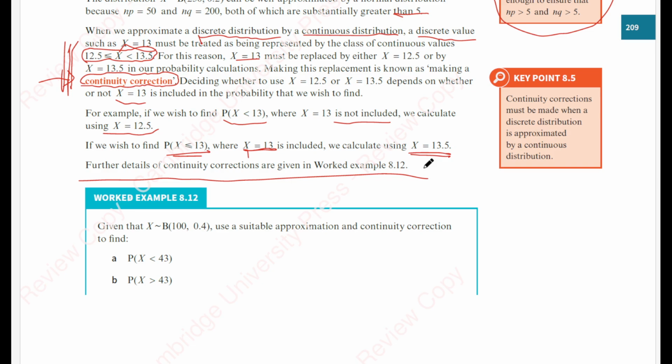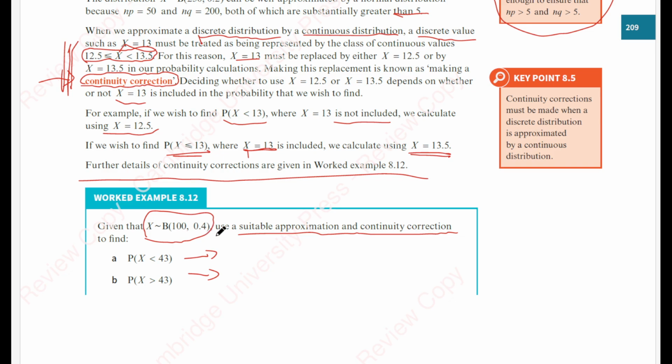Yes, look what we have. We are given a binomial distribution, and we have to find a suitable approximation and continuity correction, and then find the following. So here we have 100 trials, and the probability of success in one trial is 0.4.